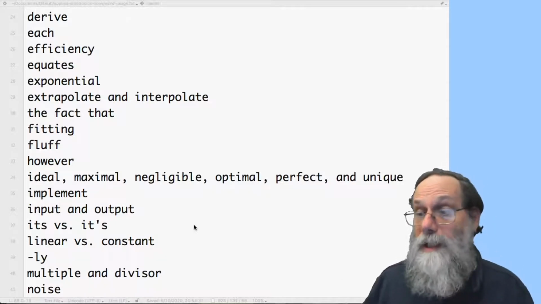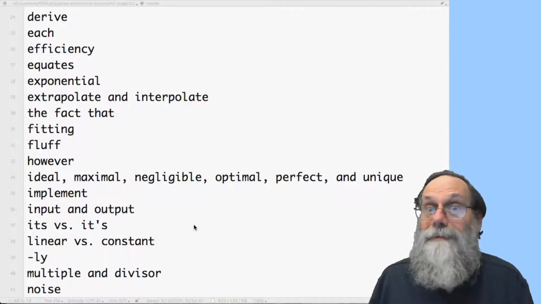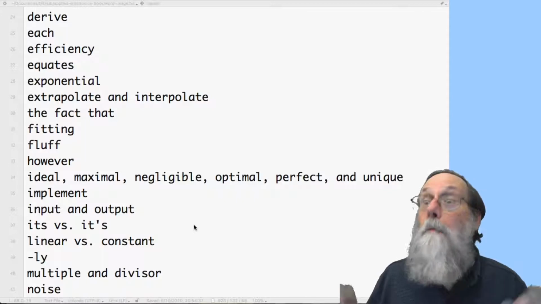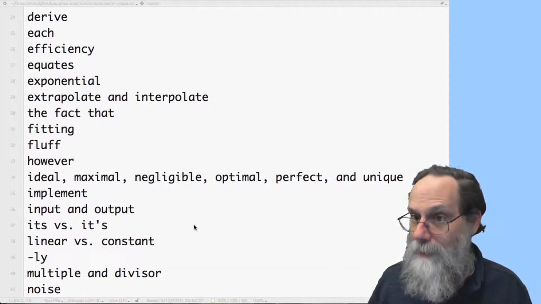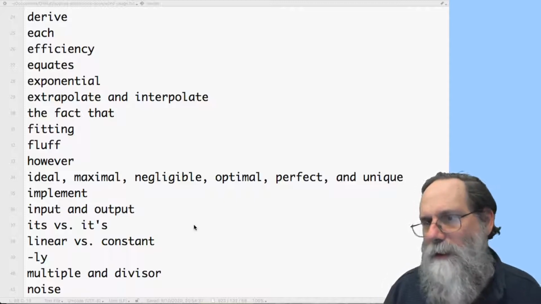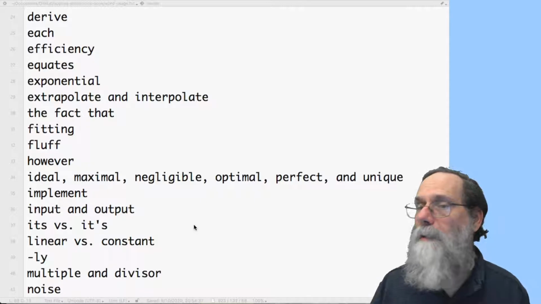You don't need any intensifiers with it. Perfect. That's the best you can get. It's perfect. It doesn't need to be more perfect, most perfect. If you're trying to do something that's sort of, well, it's not really perfect, you can say more nearly perfect, but you can't say more perfect.